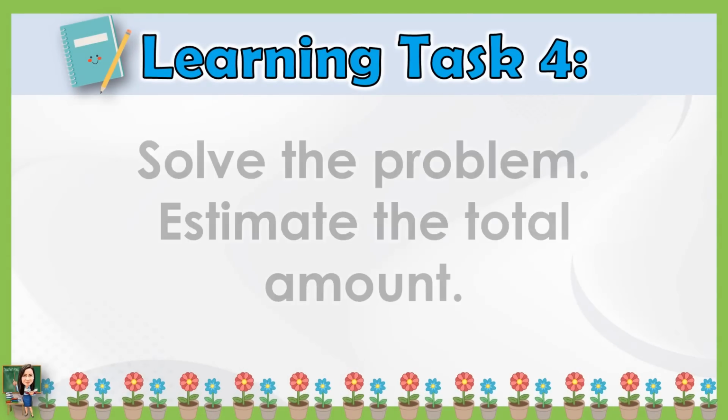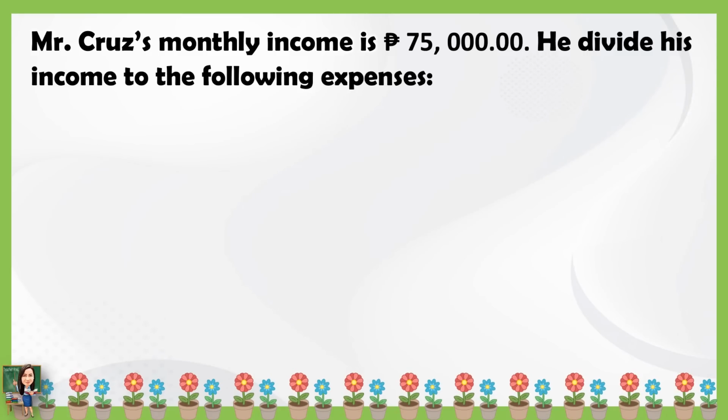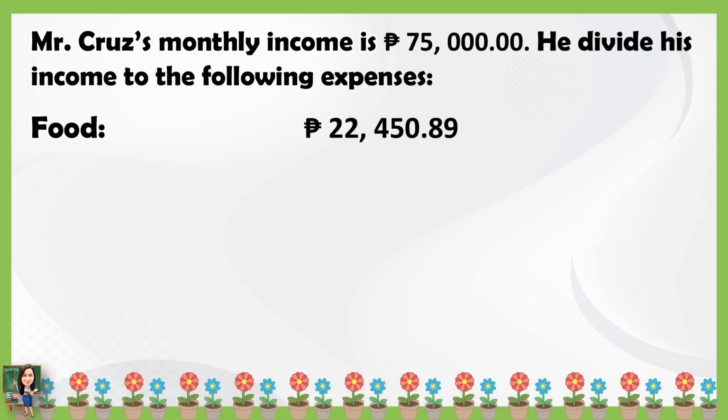Learning Task 4. Solve the following problem. Estimate the total amount. Mr. Cruz's monthly income is 75,000 pesos. He divides his income to the following expenses. The food is 22,450 pesos and 89 centavos.